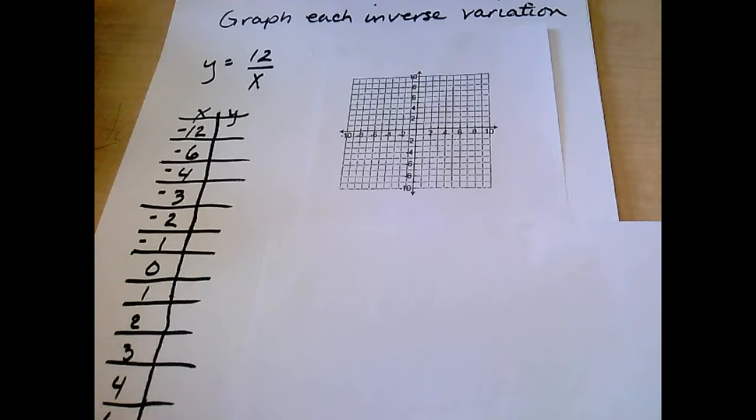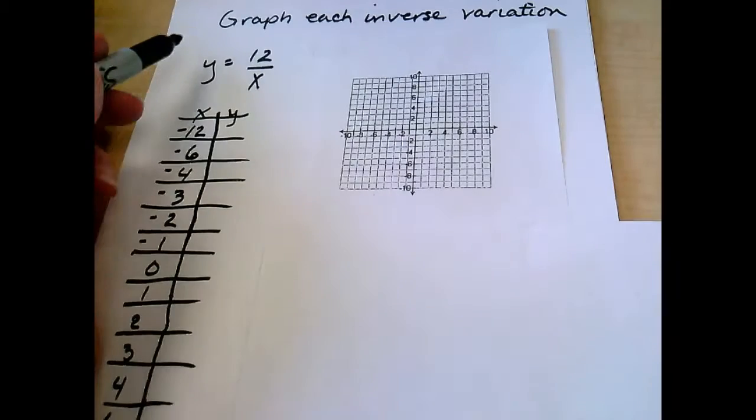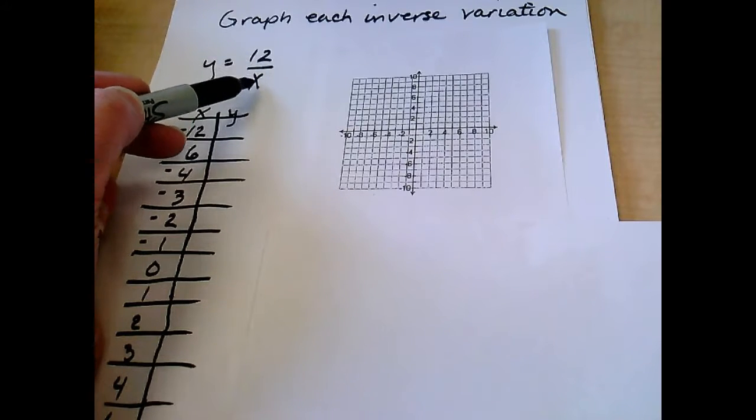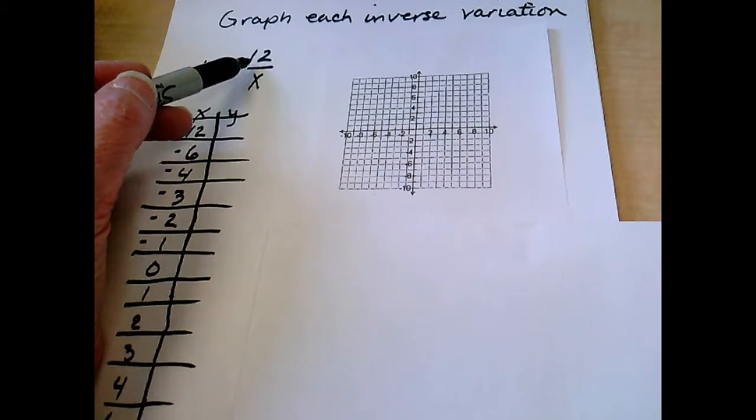When we are asked to graph the inverse variation, say y equals 12 divided by x, I want to divide by numbers that are factors of 12.